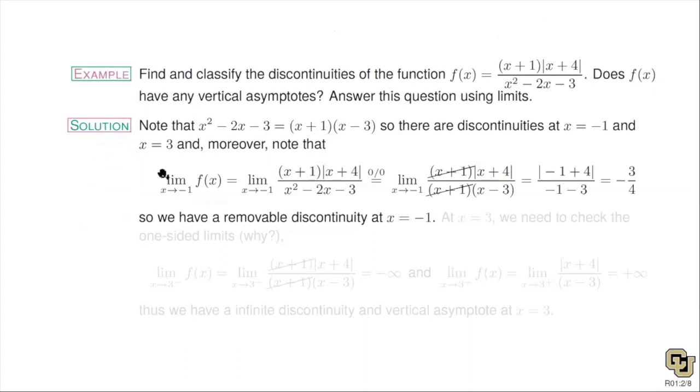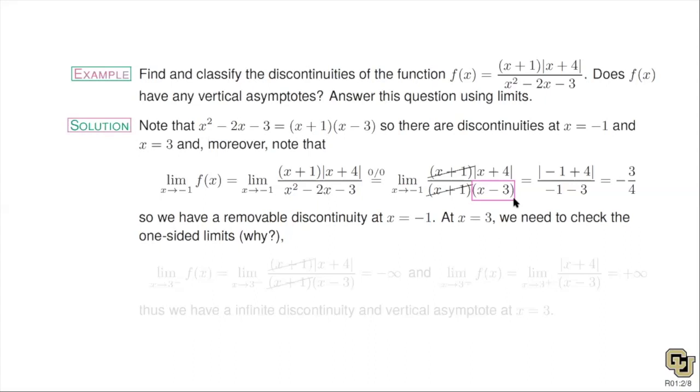I now want to check the other root of the denominator, which is x equal to 3. In this case, I do want to check the one-sided limits. And the reason is, if you approach 3 from the left, x minus 3 will be negative, like if you plug in 2.9.